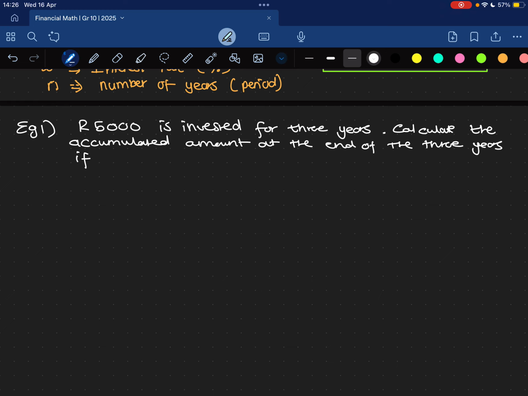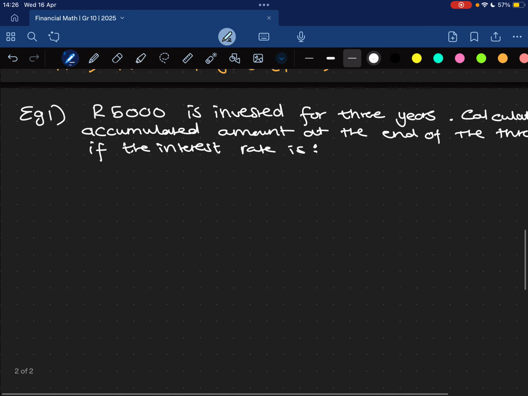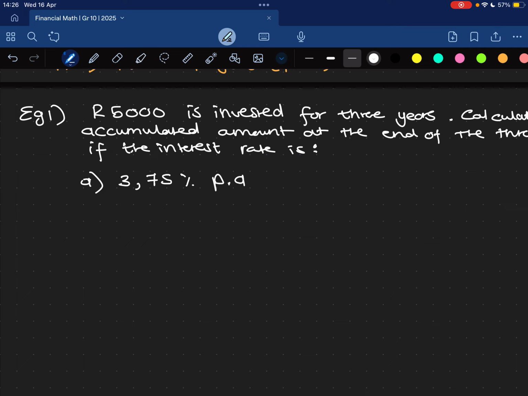if the interest rate is, and then there's 2. So the first one is if the interest rate is 3.75% per annum.